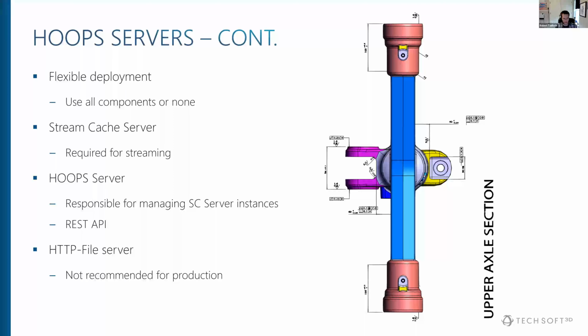What that does is it has a file server, and then it uses the HOOPS server to start up streaming cache servers on the back end. That is a convenience tool. We don't recommend that people go into production with the file server. It's meant for developing your POC, working through your product evaluation, building small demos to show other users, or funding demos, or whatever you may need it for.